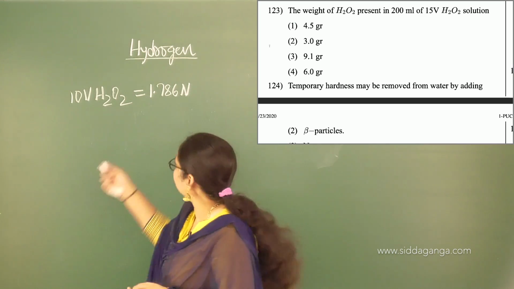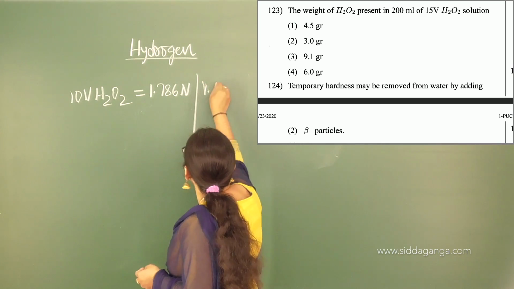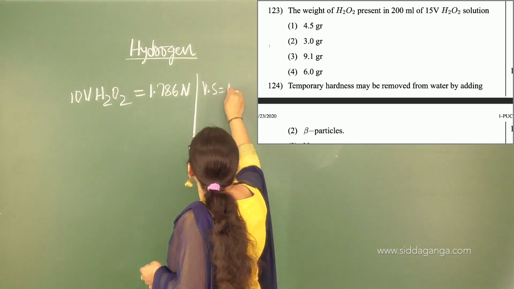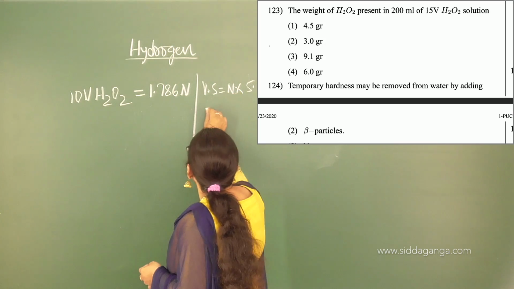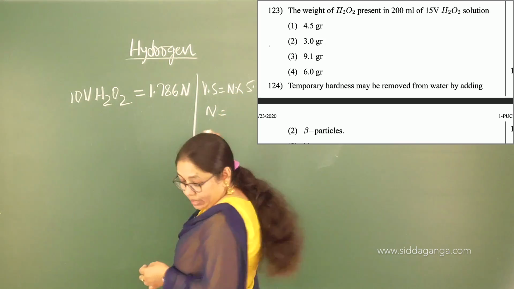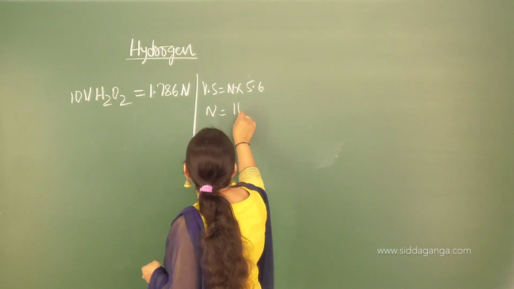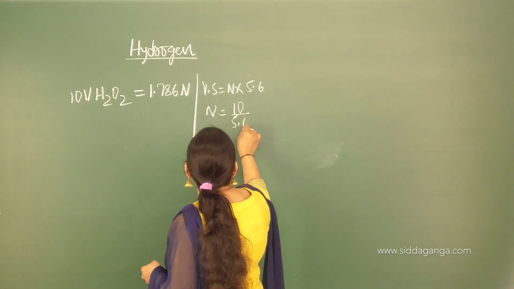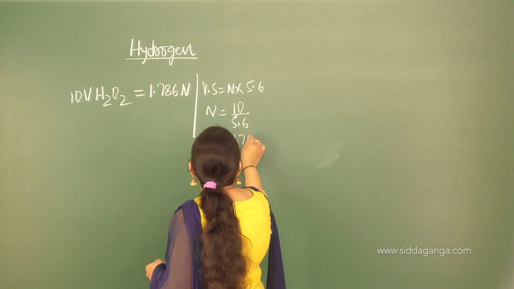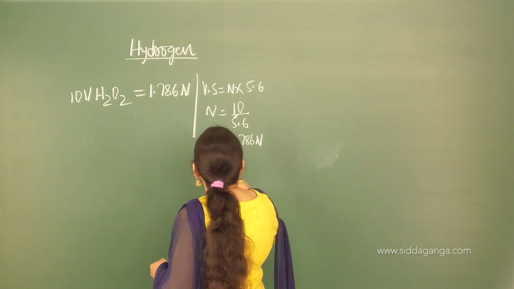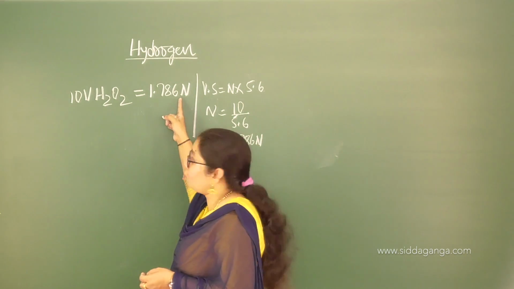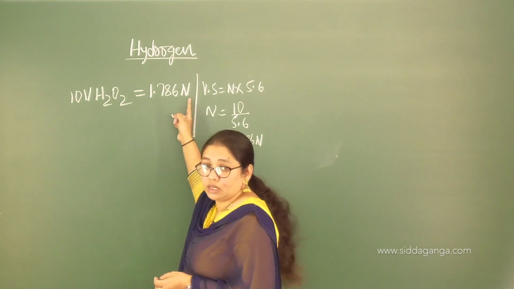How is it? You know this one: volume strength is equal to normality into 5.6. If you want to know the normality, it is volume strength divided by 5.6. 10 divided by 5.6, how much are you going to get? 1.786 normal. Understood how I calculated this one? 10 volume is equal to 1.786 normal.